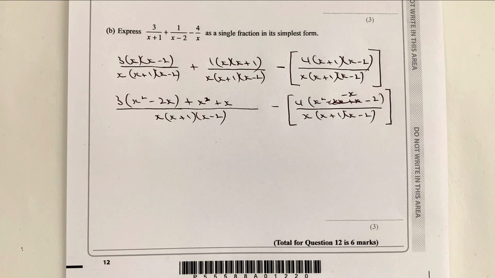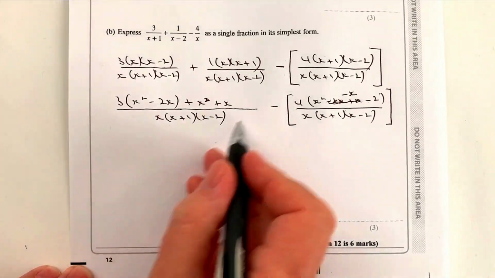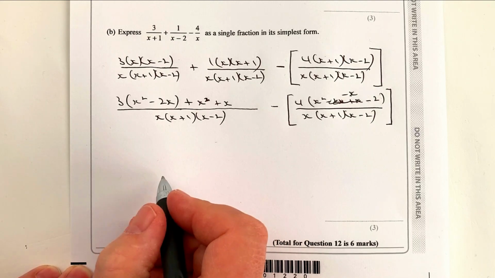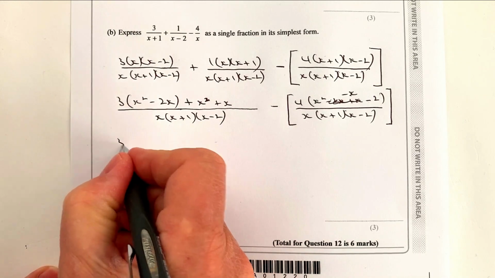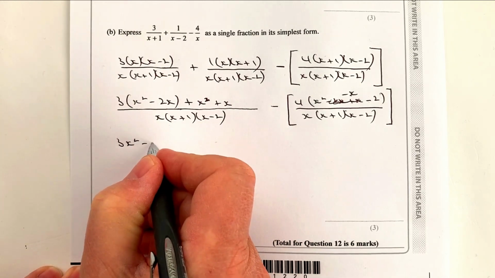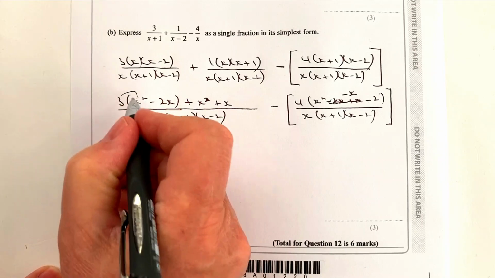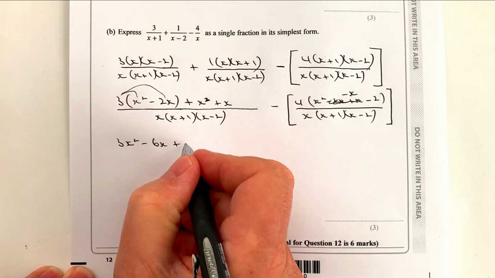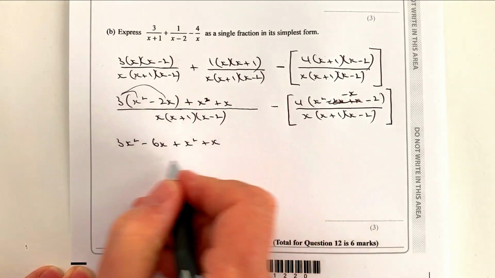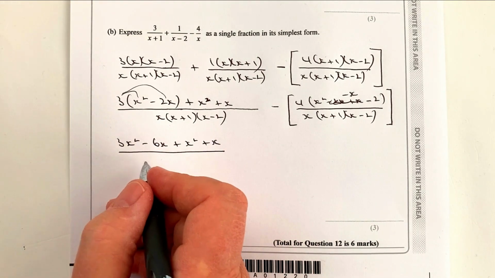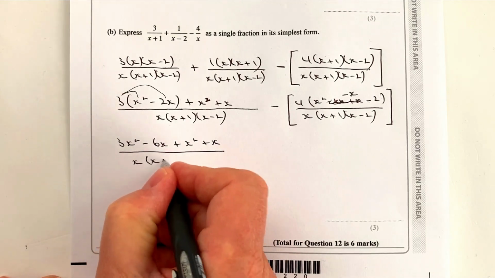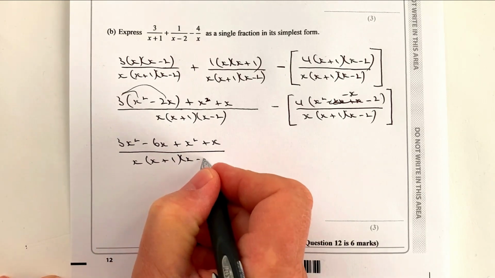So where we are now is I need to start removing brackets and also dealing with this negative here. So if I look at these two fractions brought together, actually no, I'll multiply out first. I've got 3 times x squared minus 6x, plus x squared plus x, and that's all divided by x times x plus 1 times x minus 2.